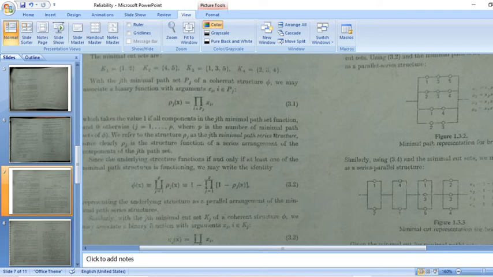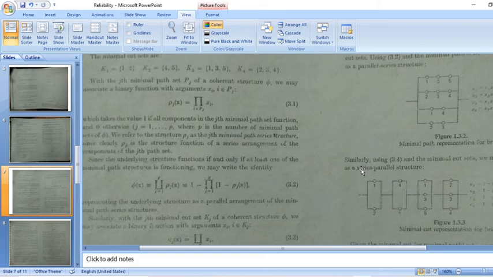We can conduct reliability analysis for any system, because any system can be represented as a parallel connection of series systems of minimal path sets, or any system can be represented as a series connection of minimal cut sets, minimal cut structures. Okay, so we can analyze any system using minimal paths and minimal cuts. That is the specialty of this section.